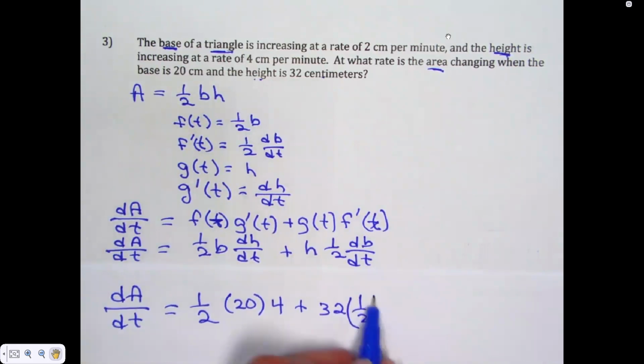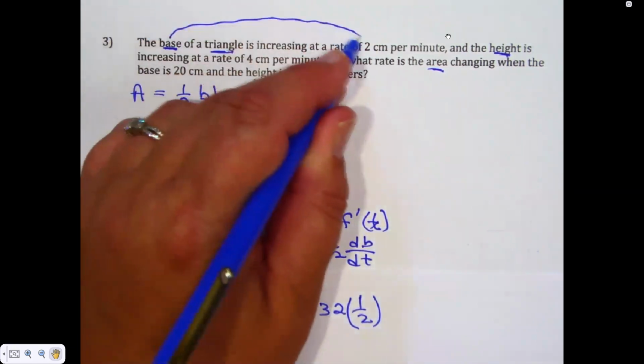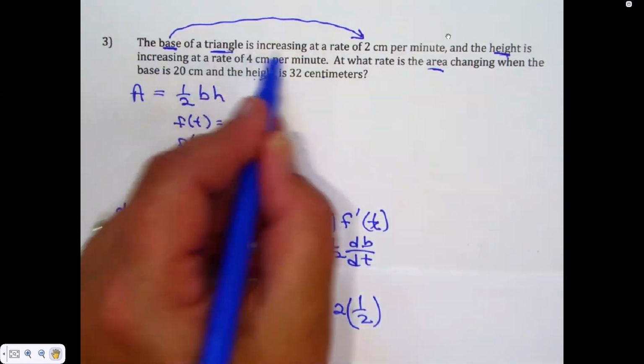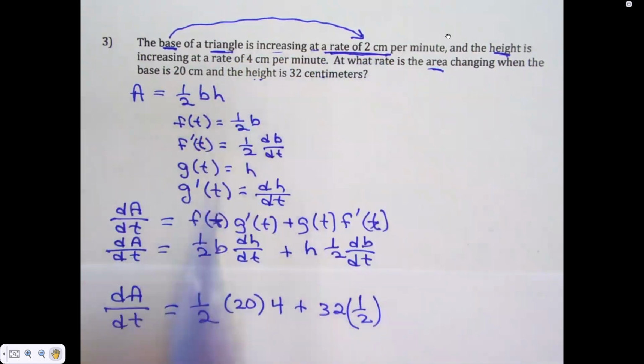That's times 1/2. And then this is the rate of the base. Hopefully they tell us. It's kind of weird. Do you see that? The base of a triangle is increasing at a rate of 2. There it is. Good.